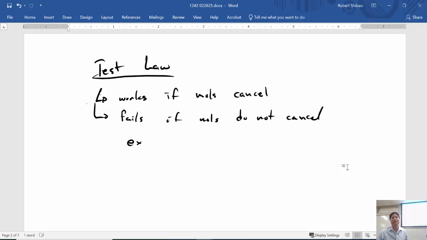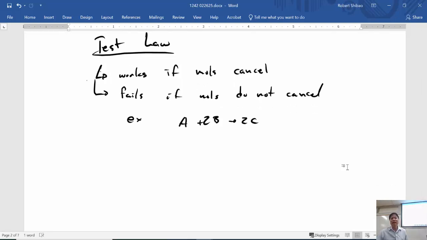An example is if I had a reaction that was, let's say, A plus 2B yields 2C. Then what I'm going to have in this particular scenario is moles of C at the end squared divided by the moles of A to the first at the end and the moles of B at the end squared.